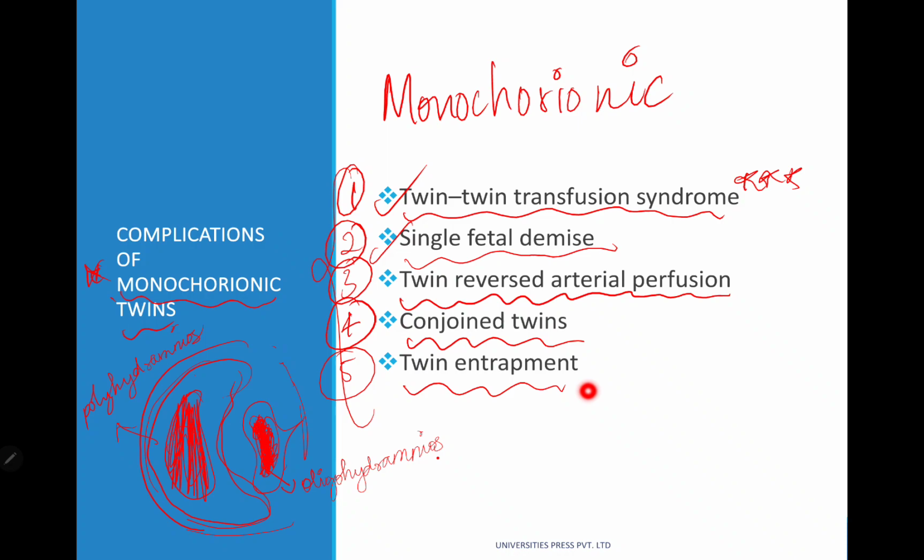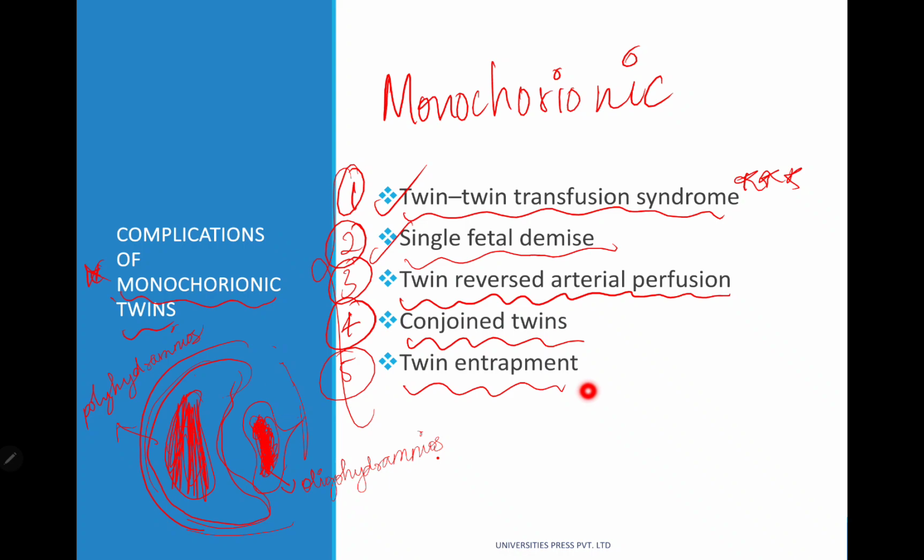Generally, each twin will have a separate vascular structure. Whereas here, one sac has oligohydramnios and another sac has polyhydramnios, and it results from inter-twin vascular connections.